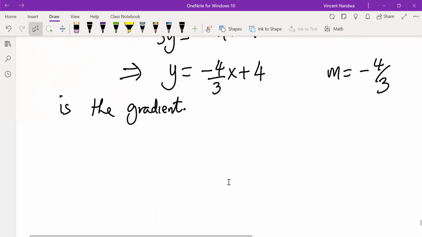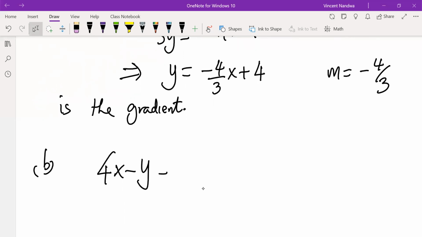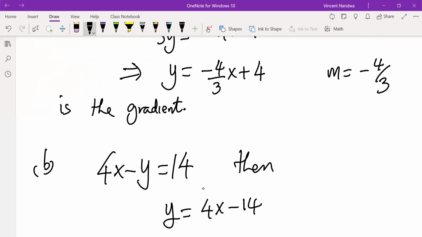Another example, if you are given the equation of a line to be, say, 4x - y = 14, then y = 4x - 14, which implies the gradient is 4.